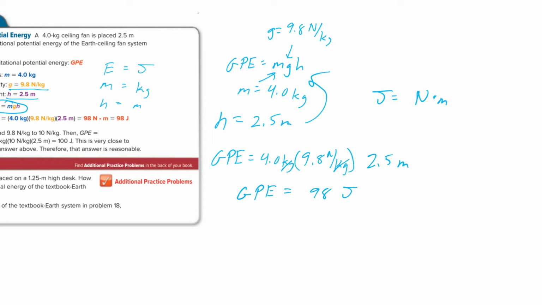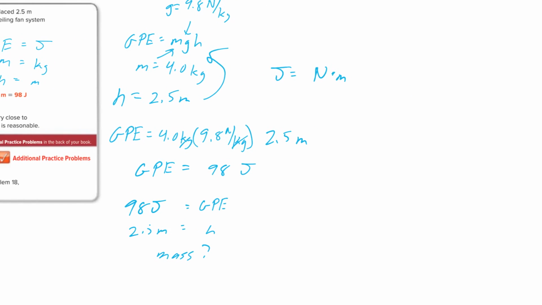Okay, so that's if you're given the mass and the height. If you're given energy, for example, if they gave you 98 joules as GPE, and then they gave you 2.5 meters as H, well, then the question is, what's your mass? Mass is what you don't know. So you just do this like the others. You just plug this into the same equation.